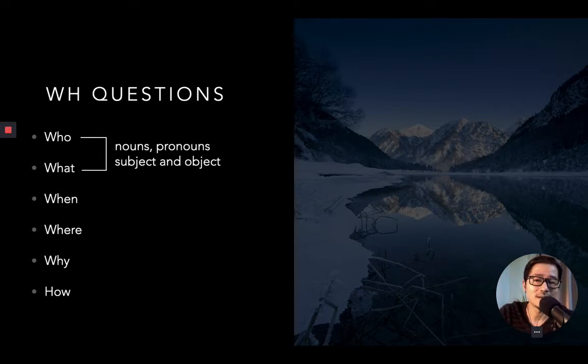Nouns and pronouns act as subjects and objects in a sentence. Did you notice that? If you haven't, then it's time for you to open your eyes. When you read a sentence, ask yourself, what's the subject of the sentence? Oh, it's a noun. Or if it's not a noun, it's a pronoun. It's always the case.